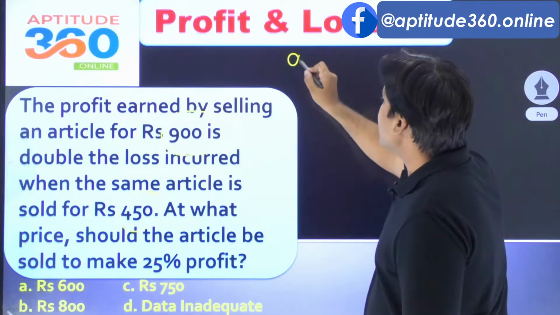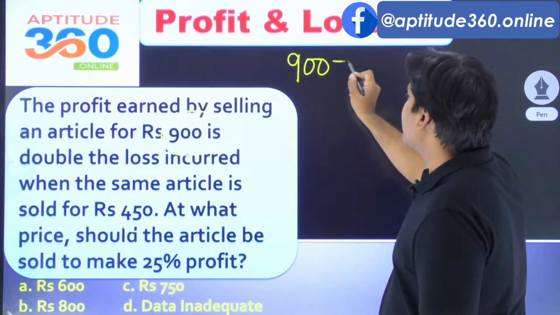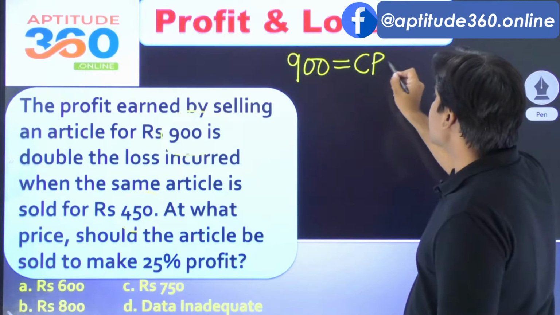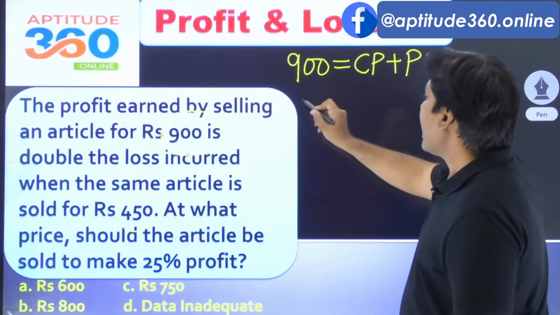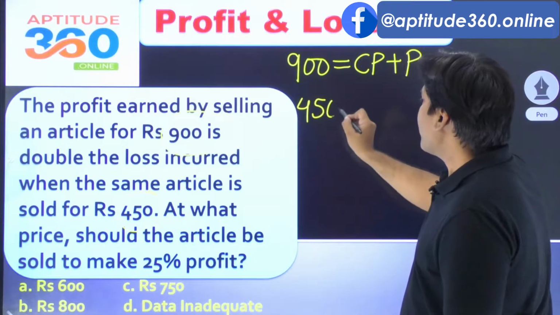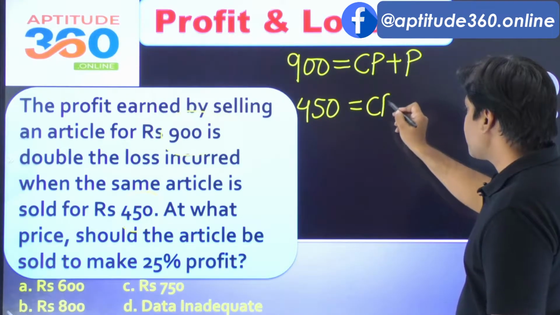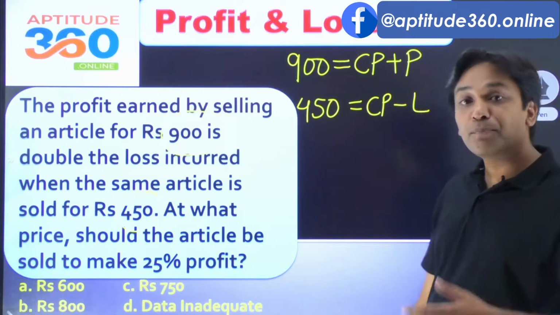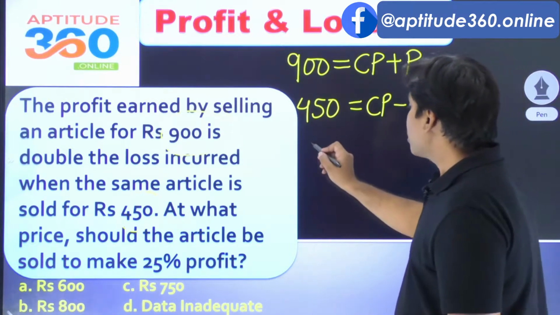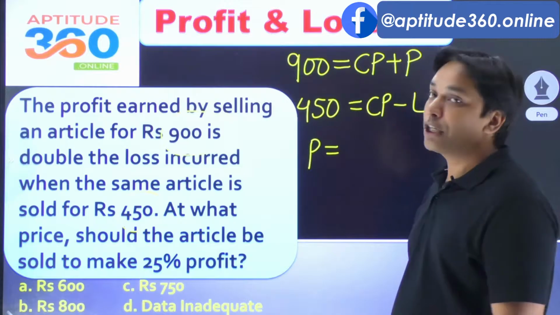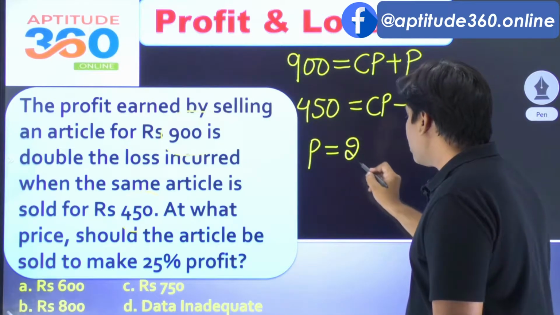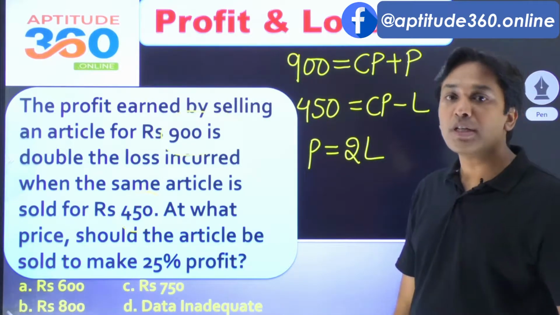In the first one, the selling price, which is 900, is going to be cost price plus profit, and in the second situation, when you sell it at 450 rupees, you're going to be having the loss, and problem tells us that this profit in the first scenario is going to be 2 times of this loss. So what is that I'm going to do?